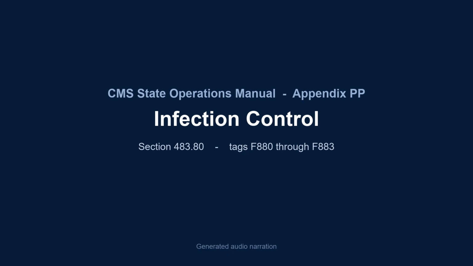An example of Level 3, actual harm that is not immediate jeopardy includes, but is not limited to, the facility failed to ensure the IP implemented the IP appropriately for a case of pediculosis, i.e., head lice, and the resident's roommate also became infested.